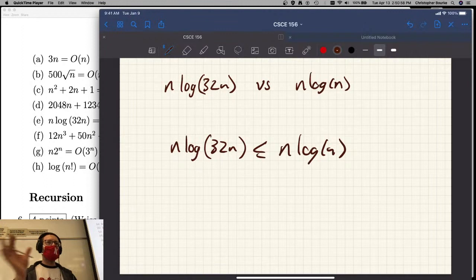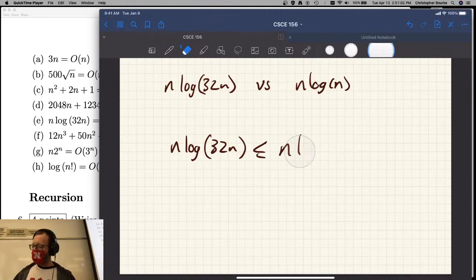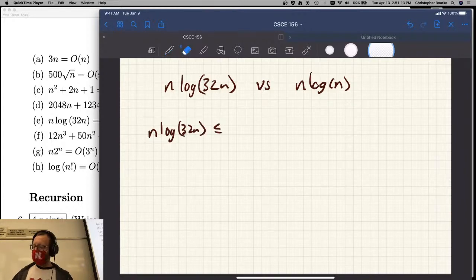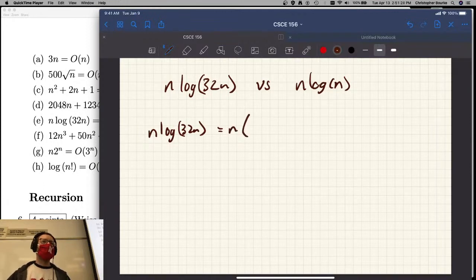Ignore asymptotics for a second. Is that inequality true? No, it is not. So we have to show our proof here. Let's go ahead and go with n log 32n is less than or equal to, well, before we make it less than or equal to, let's get it into another form here. That log 32n, how could I rewrite it?